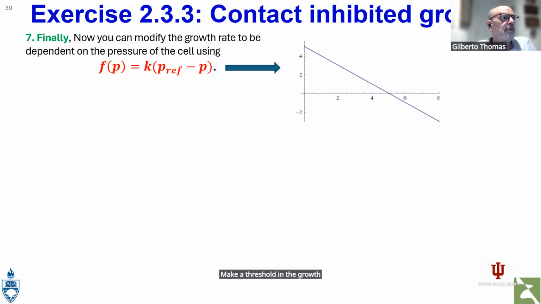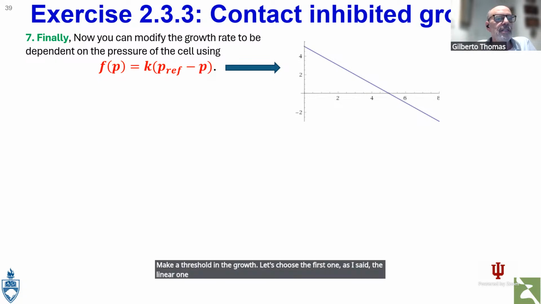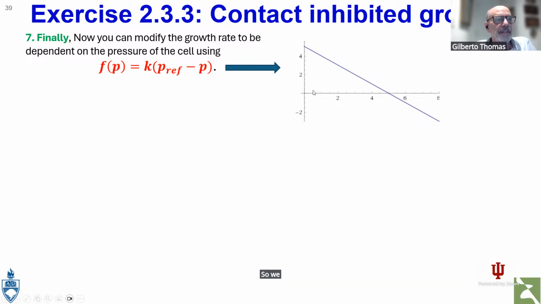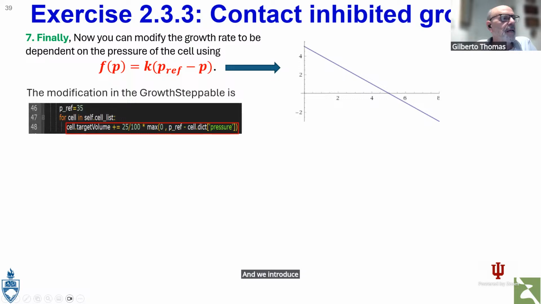Let's choose the first one, as I said, the linear one. So we have here the behavior of this function. This is a negative linear. And we introduce this by changing the growth rate by this expression here.